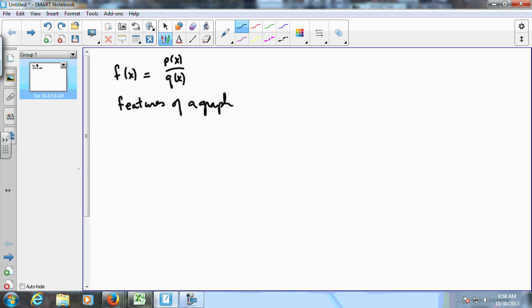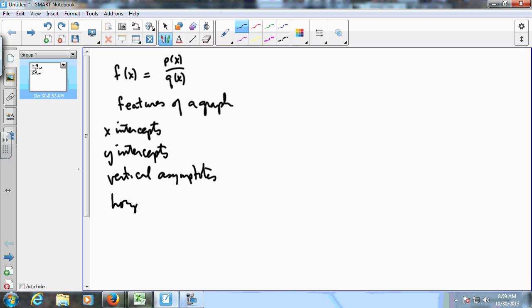And the kind of features of a graph might be x-intercepts or y-intercepts or vertical asymptotes or horizontal asymptotes.